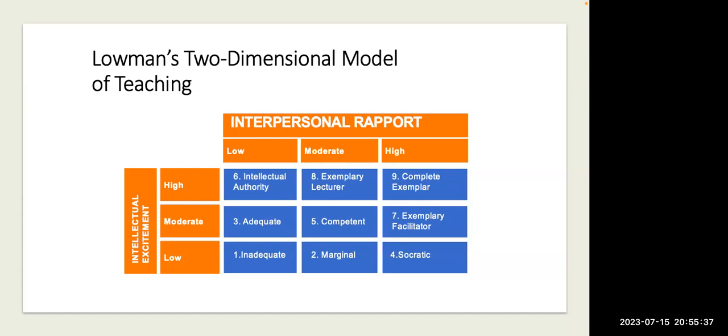Okay, so we know the 2 dimensions. The 2 dimensions are intellectual excitement, meaning how do I link my students to what I'm teaching? They are excited about learning. How do I generate that excitement? Because remember, once they are excited about learning, they will learn.